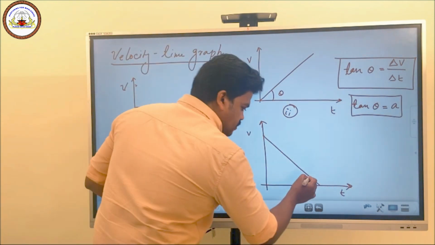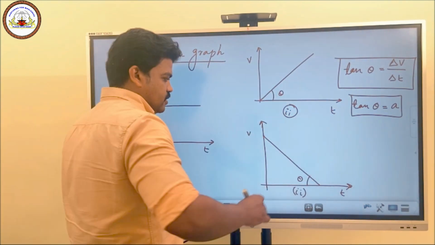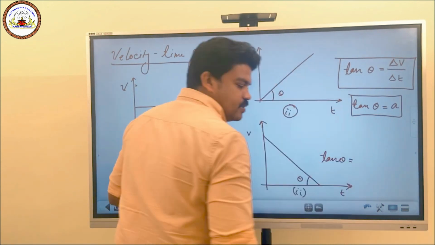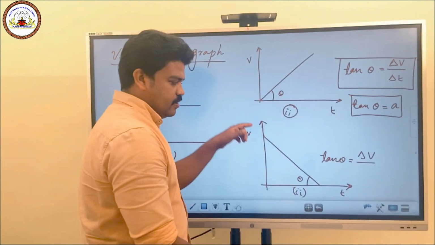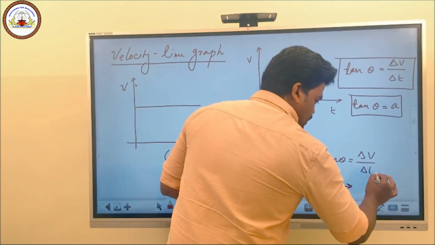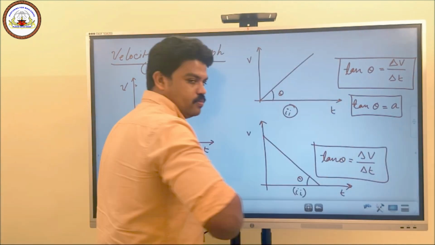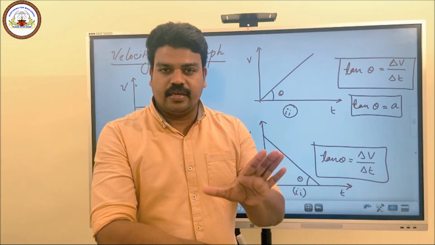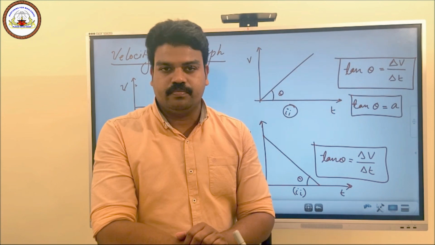If you take the slope of that one here, then tan theta is equal to, again the same equation, opposite side delta v by adjacent side delta t. We get deceleration of the object, decelerating or retarding. Velocity decreases with respect to time.